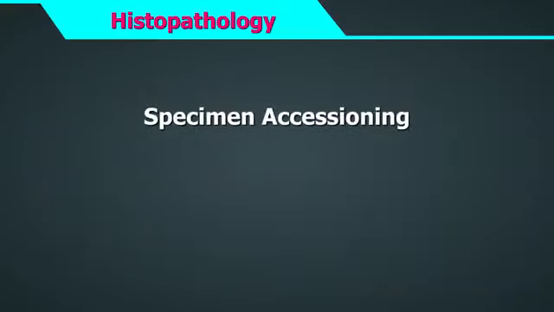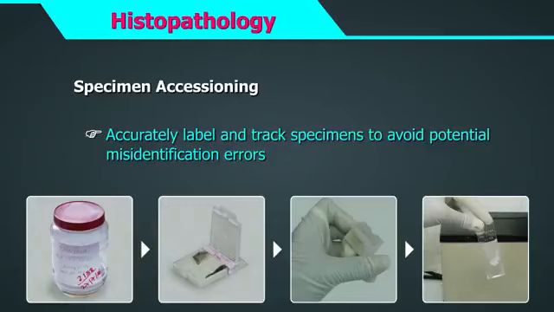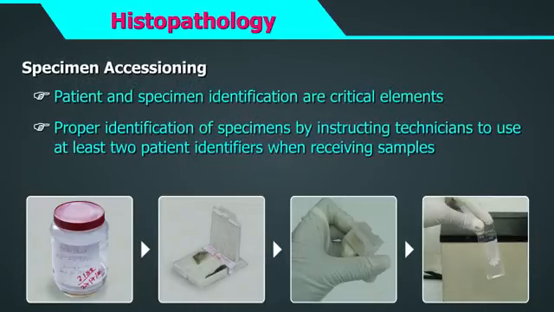Specimen accessioning. One of the biggest challenges laboratories face is the ability to accurately label and track laboratory specimens throughout the lab process in order to avoid potential misidentification errors. Patient and specimen identification are critical elements in surgical pathology.